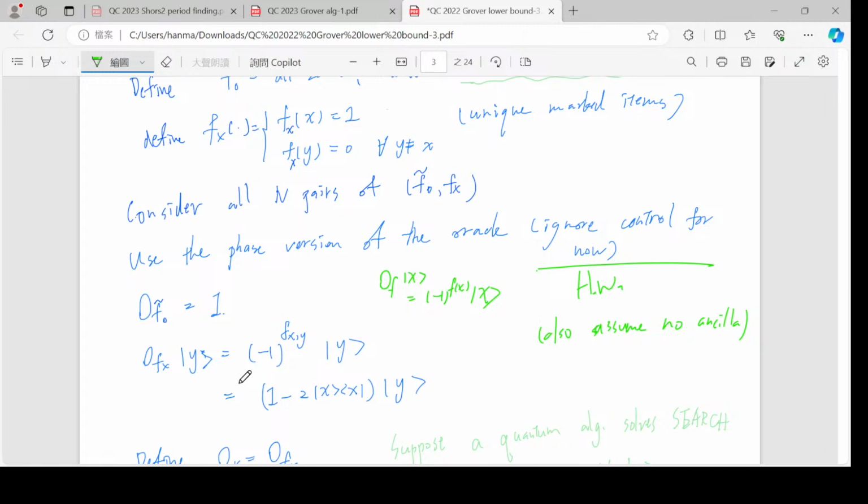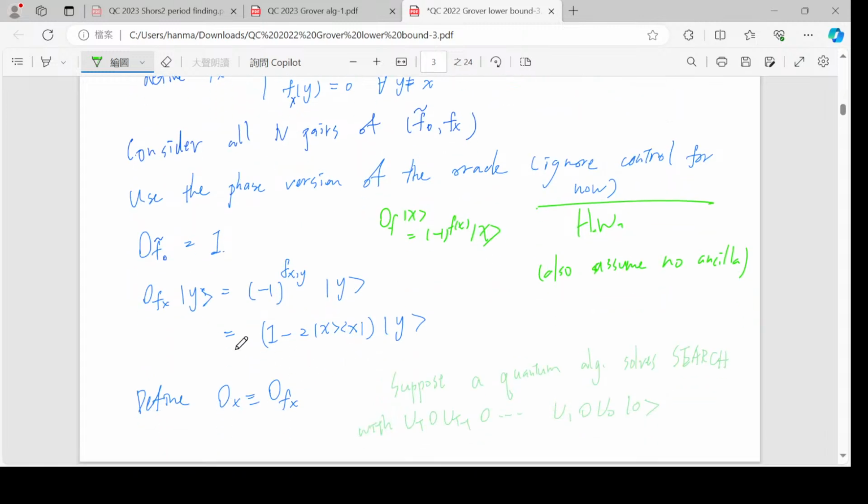I guess saying Grover Oracle is a little weird, but this Oracle is a reflection around the marked item. So you see only the x state gets -1, so it's a reflection around x, and it's identity on everything else, but you get -2 projection on x. So you have the identity, then 1 minus 2 gives you the -1 phase on x.